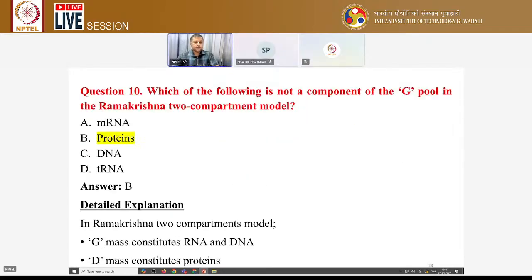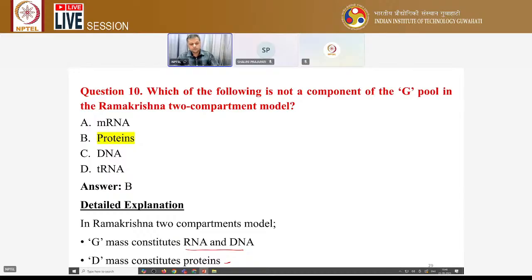Our next question is related to the Ramakrishna two-compartment model. It says, which of the following is not a component of the G pool? If you remember, in the Ramakrishna two-compartment model, the G mass constituents are RNA and DNA, and the D mass constituents are only proteins.